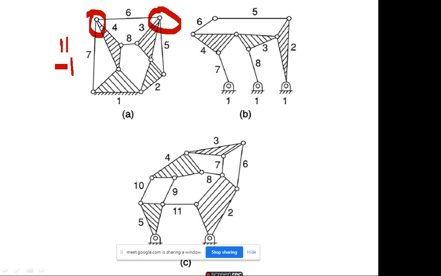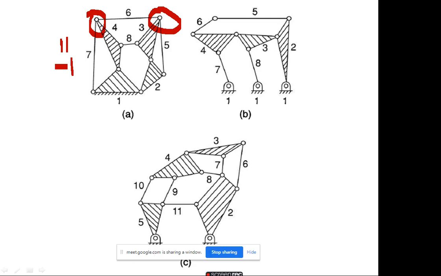Next, second figure, figure B. How many? Has anyone solved it? Yes. Unmute and talk. Hello. 1, sir. Okay, yes, correct. So the degree of freedom is 1. So 8 links are there here, and by counting the number of joints, 3 at the bottom, 4, 5, 6, 7, 8, 9, 10.